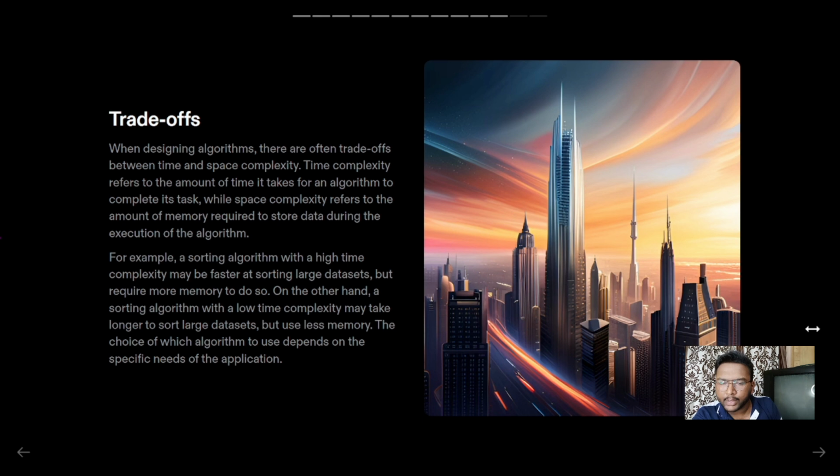Trade-offs. When we design algorithms, there are often trade-offs between time and space complexity. Time complexity refers to the amount of time taken for an algorithm to complete its task, while space complexity refers to the amount of memory required to store data during the execution of an algorithm.